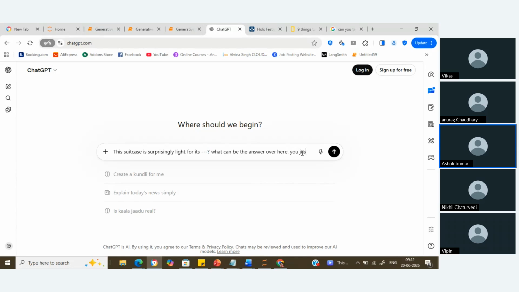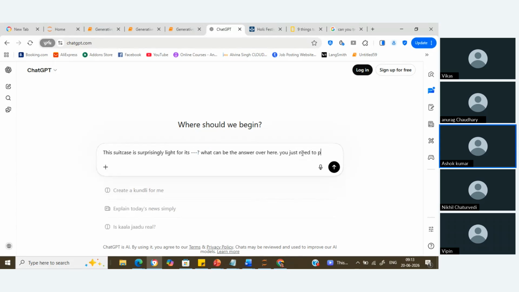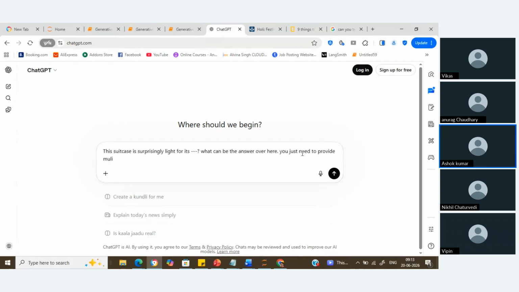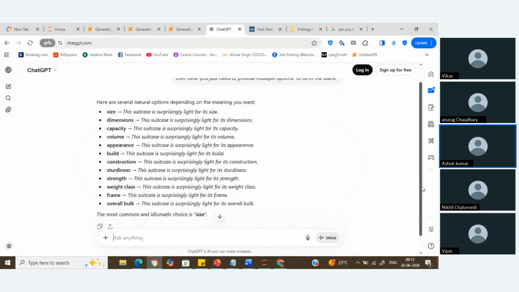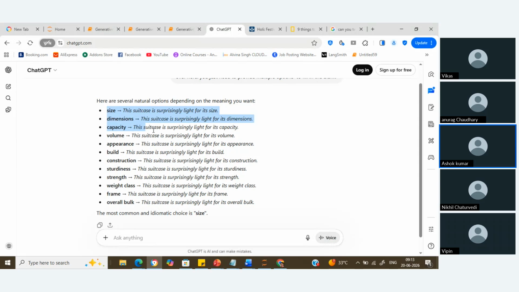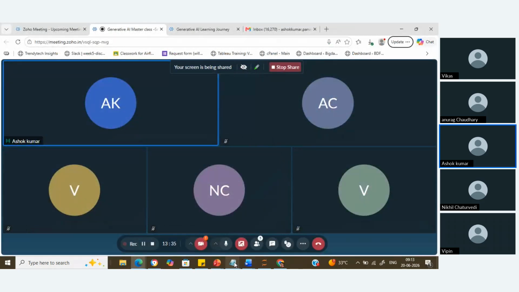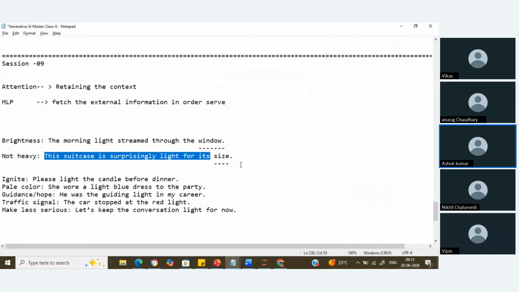You just need to provide multiple options to fill in the blank. Just have a look over here. These are the options of what I can fill in with respect to this sentence.